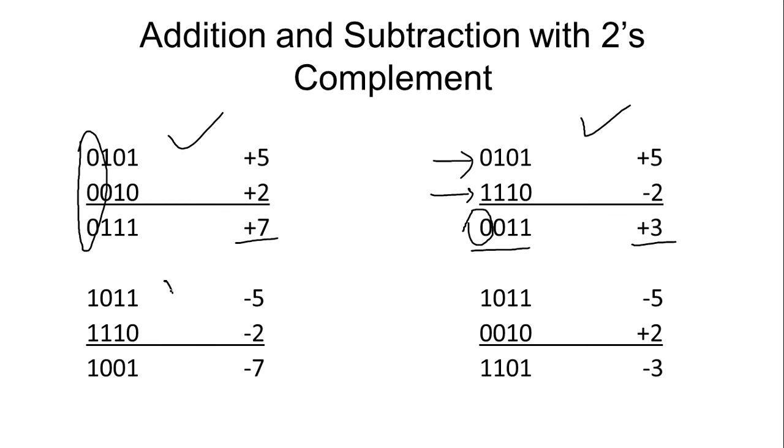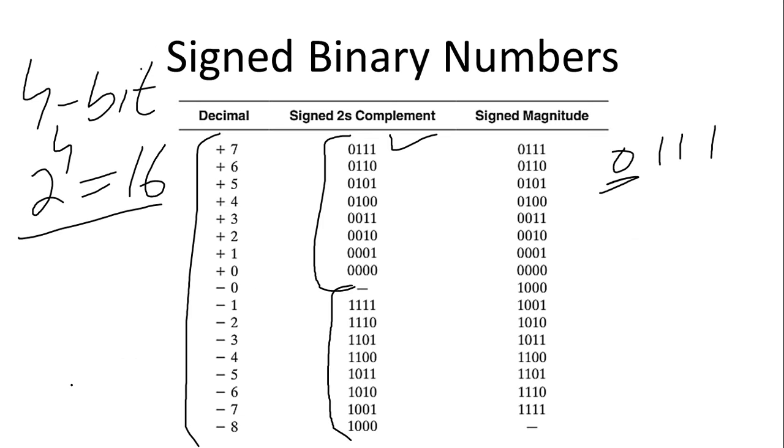Same case in the third example: -5 in its 2's complement, -2 in its 2's complement, and the answer is -7, which is again in 2's complement form, and the most significant bits are 1 for all these three numbers. For verification, let's move to the previous slide. -7 is 1001. So here you see -7 is 1001.